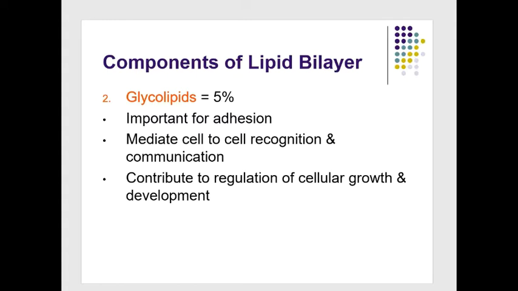These are really important for adhesions. That's going to allow cells to connect to other cells, cells to communicate with other cells, and it will help regulate growth and development. So when one cell dies, it's these glycolipids that are going to signal the cell to then multiply and reproduce to fill up that gap.